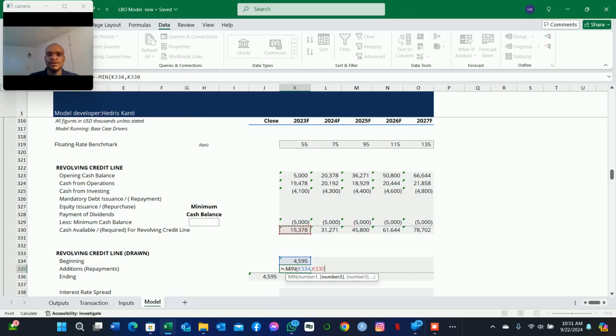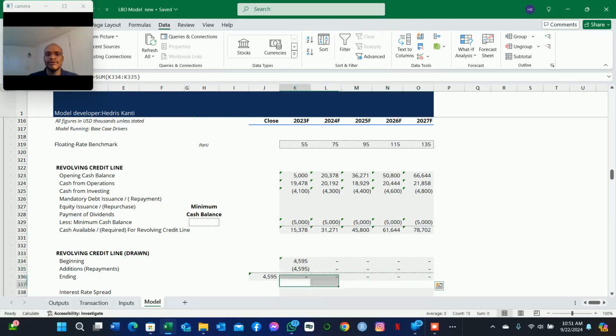So we are taking the minimum of those two, we press enter. So we can now take this and fill it right with Control R.